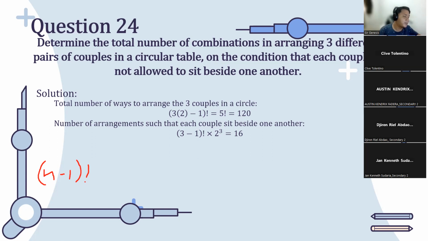If you simplify that, that will be equal to 16. So hence, in order to count the arrangements such that each couple is not allowed to sit beside one another, you can just have 120 minus 16. So the concept for 24 is getting the complement. So you have 120 minus 16, which is equal to 104.